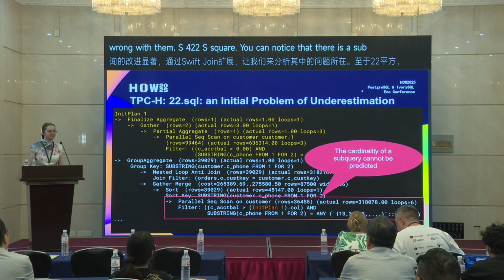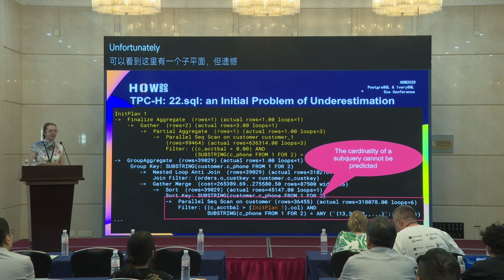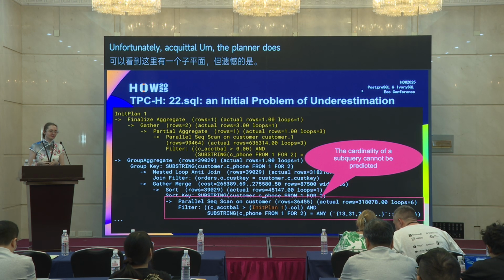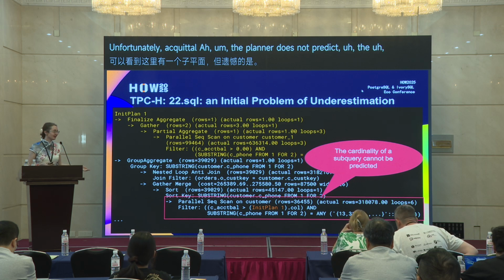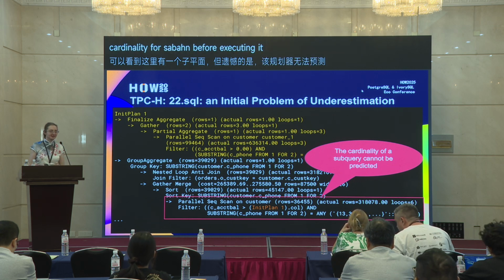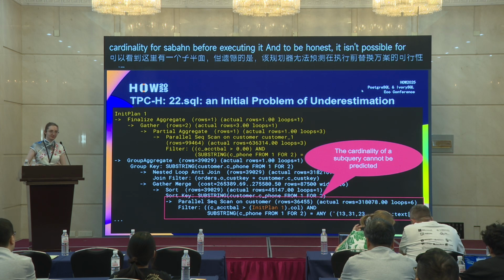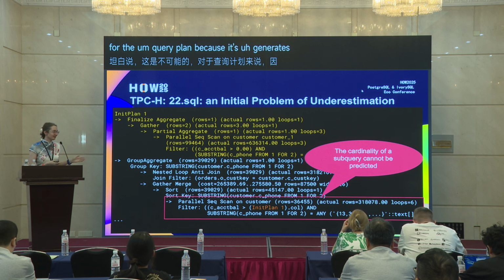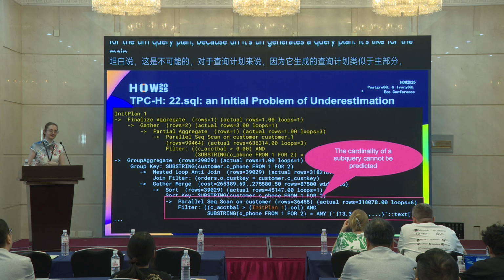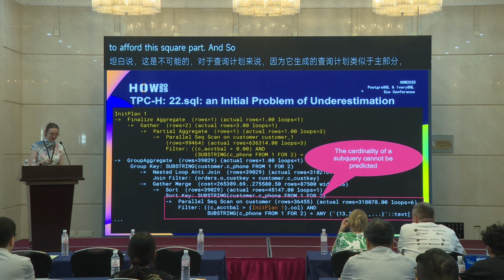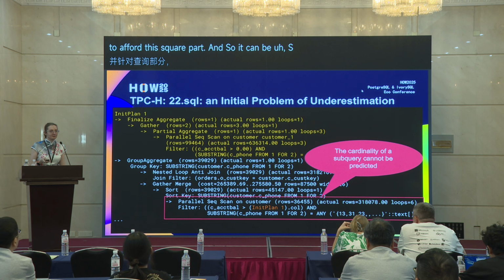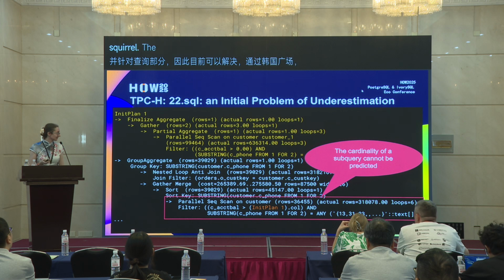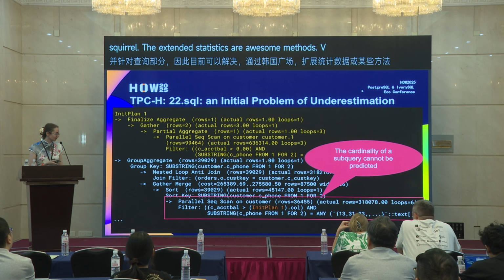Unfortunately, the planner doesn't predict cardinality for a subplan before executing it, and to be honest, it isn't possible for the query plan, because it generates a query plan for the main part and for the subquery part separately, and so it can't be solved for now with PostgreSQL extended statistics or other methods. And so we see the underestimation problem here.